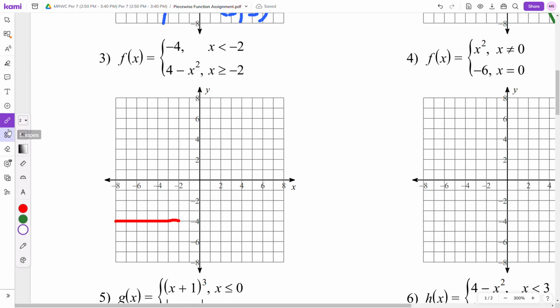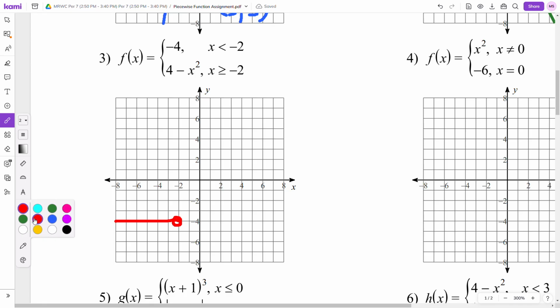So actually, I should have made that a circle. Okay, that's not great, but it's good enough. So if x is less than negative 2, if it's to the left of negative 2, the y value is negative 4. If, however, x is negative 2 or greater, it's a parabola.